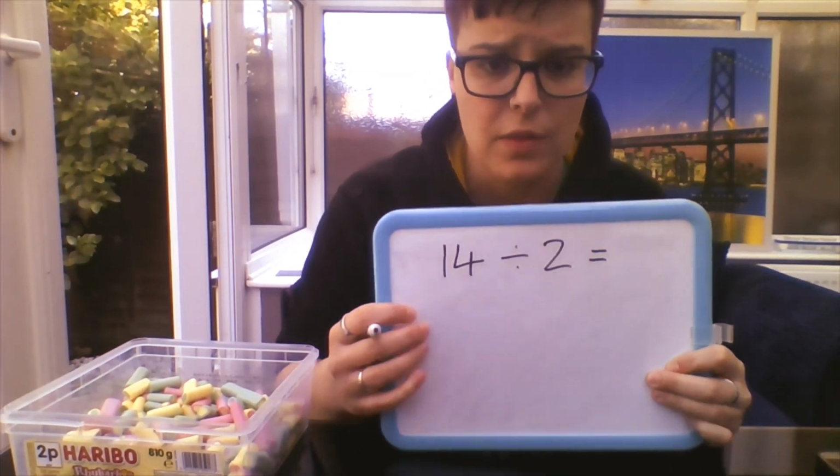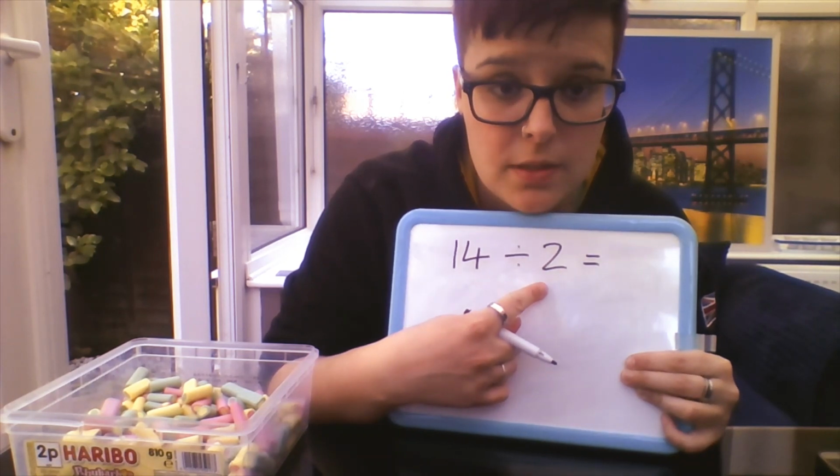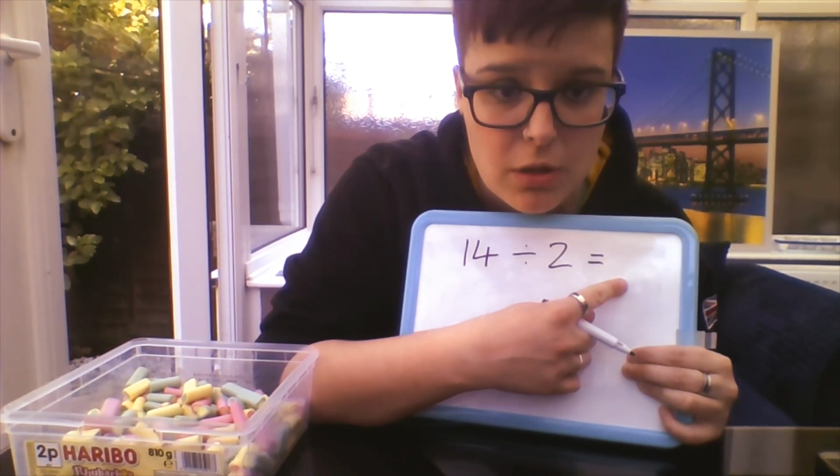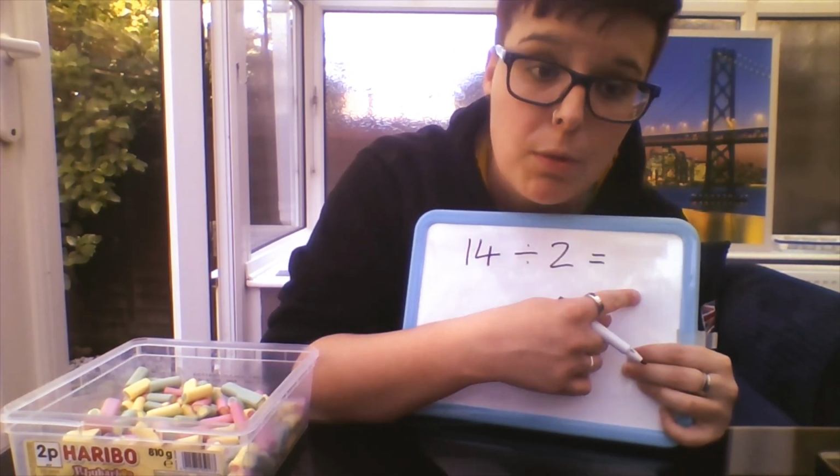So let's put another one on the board. We're dealing in 2s, so let's go for 14 divided by 2. Again, you've got the number being shared, then you've got the number of groups, and then the number that goes in each group. So 14 shared equally between 2 groups would be how many?